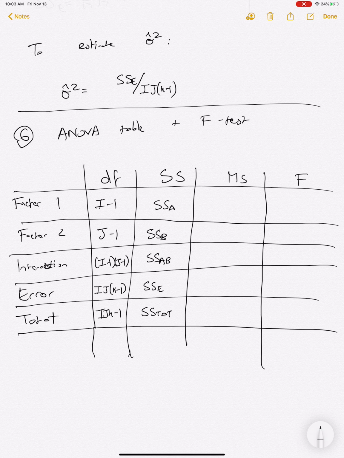As I mentioned again, everything should add up in the first 2 columns. So the sum of squares total should be the sum of those other 4 sum of squares, and then the degrees of freedom should also add up. And then for the mean squares, this is just the sum of squares divided by the degrees of freedom.